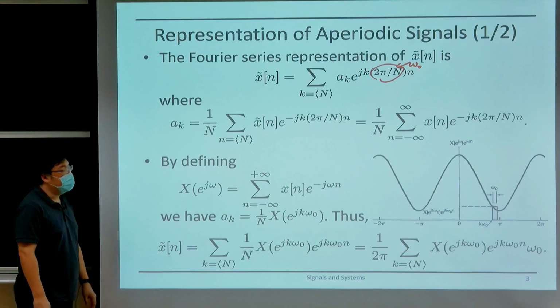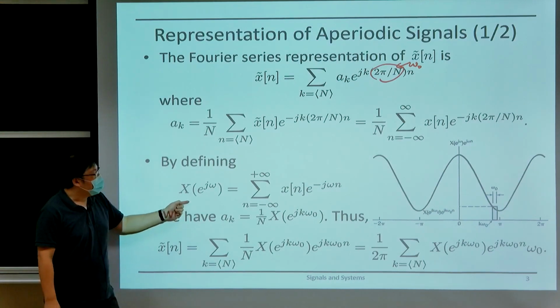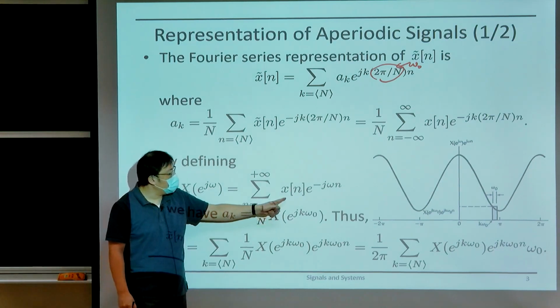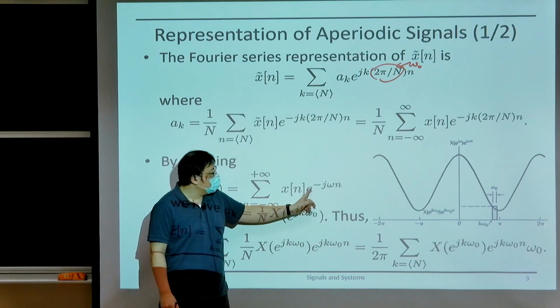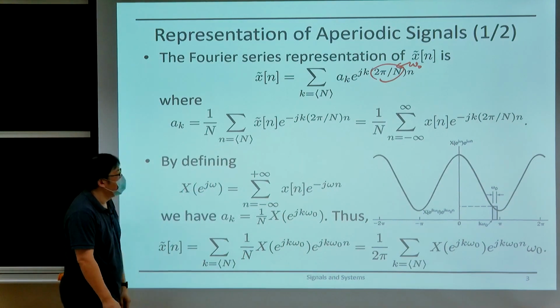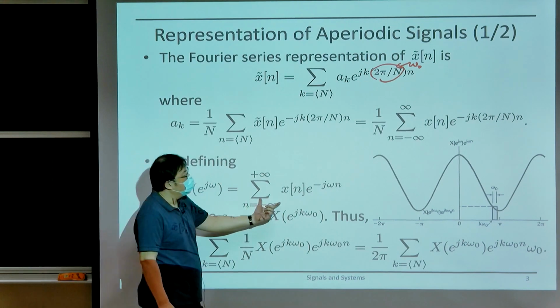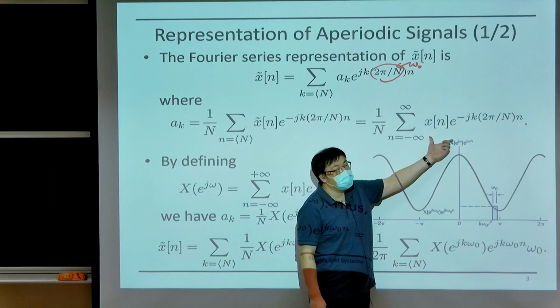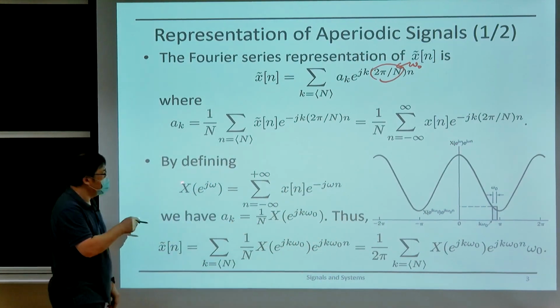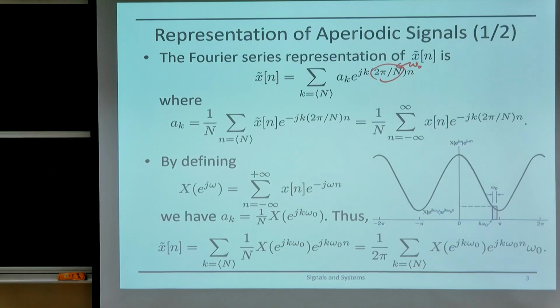All right. Now let us define this capital X as the summation of x of n times e to the minus j omega n. Okay. So if you compare this with this here, then this summation is actually just capital X of e to the j omega at omega equal to k omega naught. Okay?